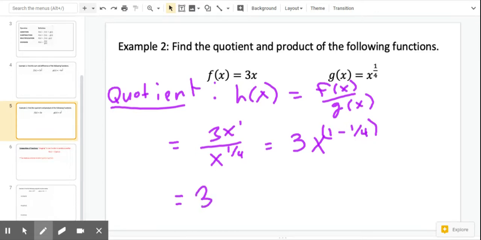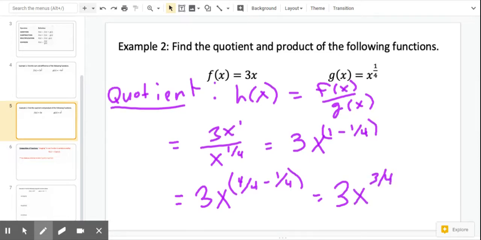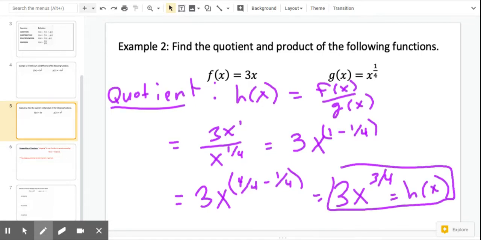So I'm going to write 1 as 4 over 4, then minus 1 over 4. That's going to be 3x to the 3/4 power. And that is our new function, h of x, that we found by the quotient.